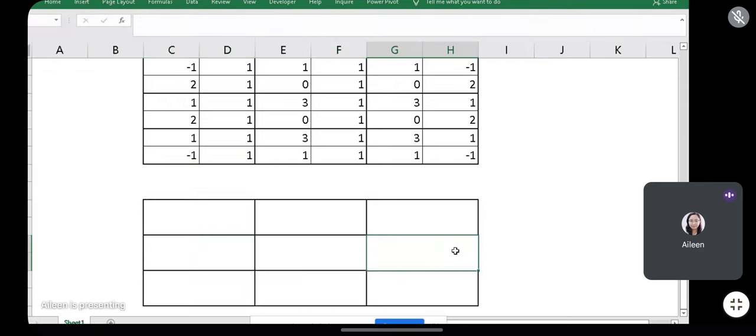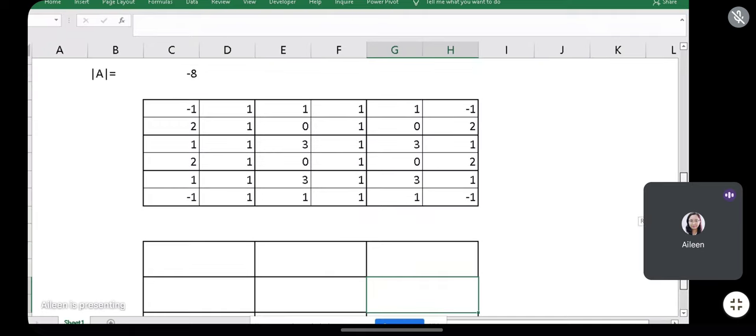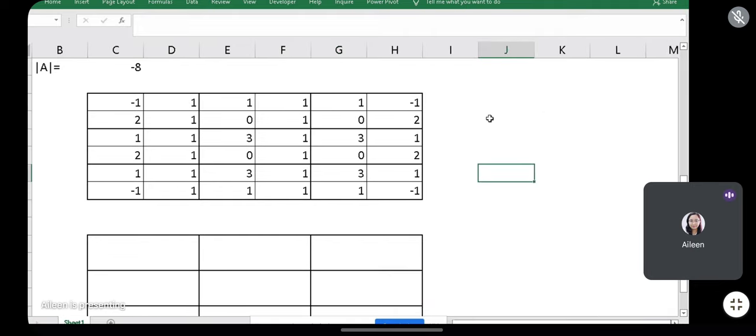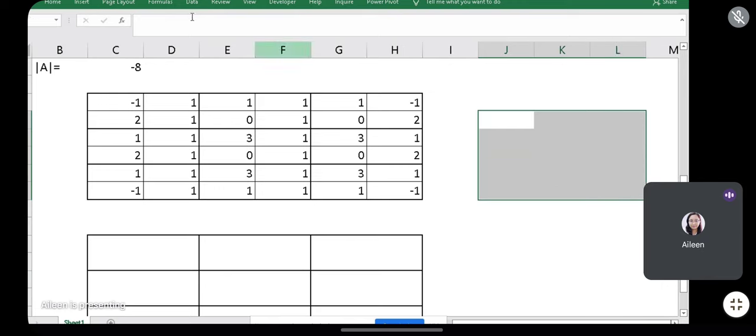Next, you get the determinant of each minor, and then multiply it by its sign, because the cofactor matrix is a signed minor.